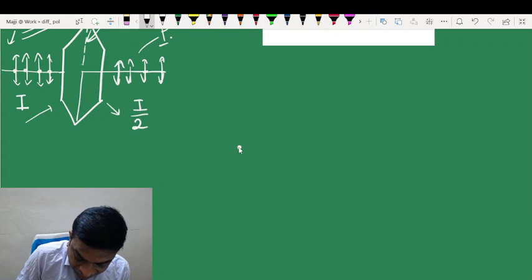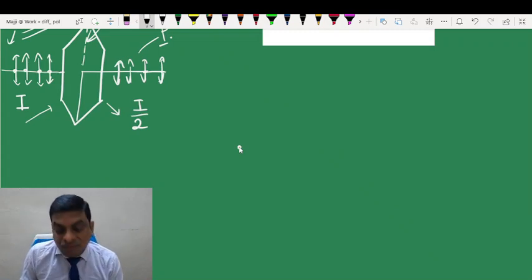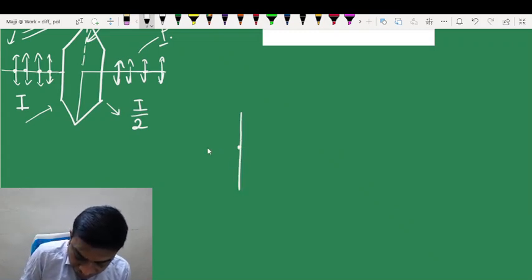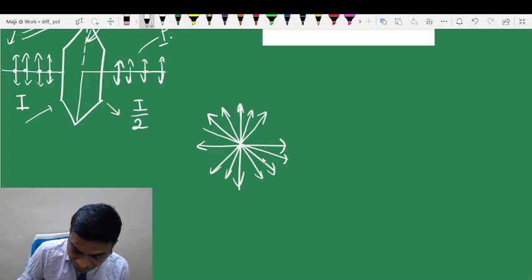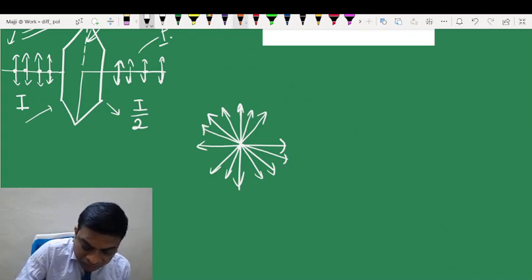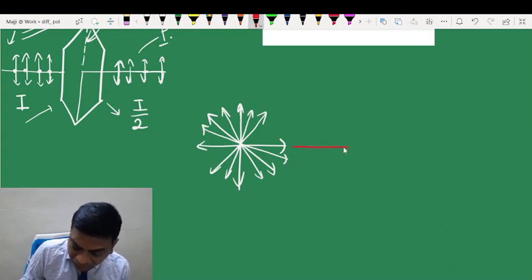Now suppose this is a light ray going inside the plane of the figure. So electric field vectors will be oscillating in the vertical direction, horizontal direction, even inclined in this way or in this way. In all possible directions we can see. Now the mathematical concept is to take an x and y axis.